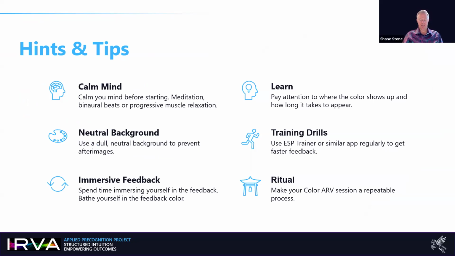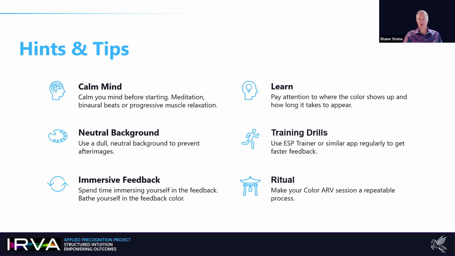Other things for me, I sort of go through this relaxation process where I close my eyes. I then open my eyes briefly and then close my eyes again to perceive the color. I do that because I need a trigger to say now is when I want to perceive the color. If you're just sitting there in, let's call it an infinite meditative state, you don't really have a trigger for now is the right time to see the color.